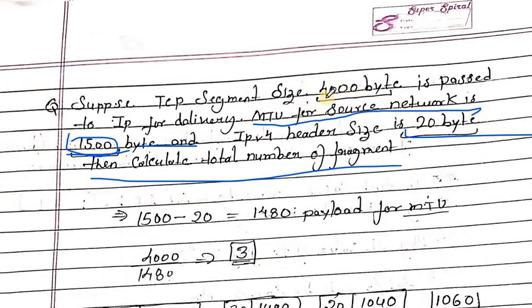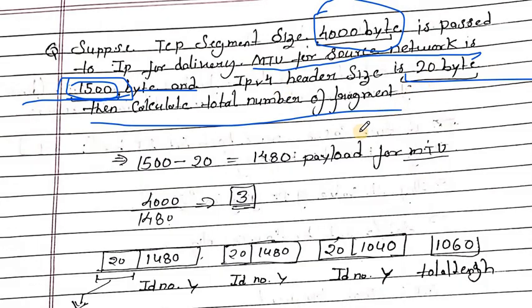These 4000 byte packets we will have to send through the 1500 byte networks. Now the header is 20 bytes.